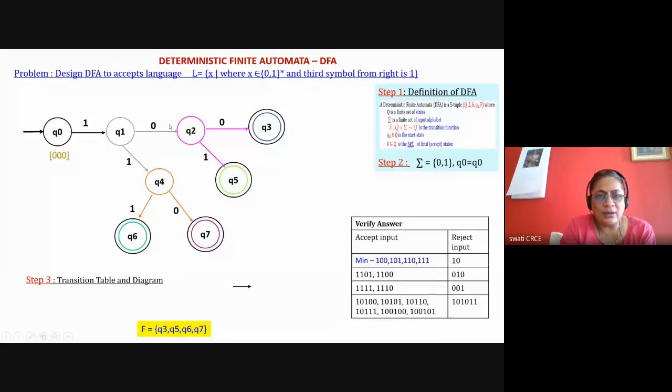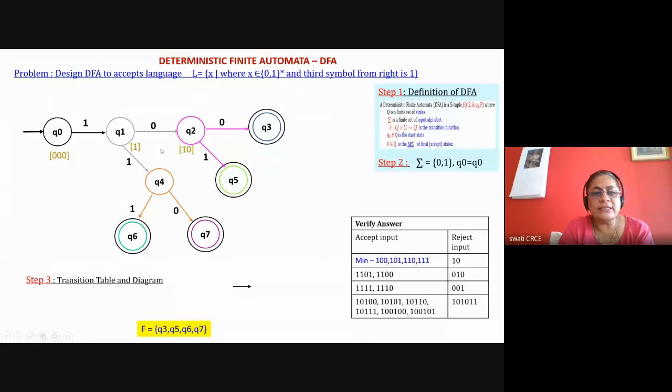What I'm now trying to teach you is that in the state Q0, the machine has remembered all zeros, because for 0 the transition goes to the same state. So state Q0 is to remember all zeros. State Q1 remembers the third symbol from the right, that is 1.